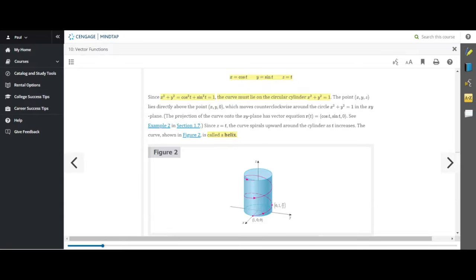So the space curve is going up. What controls the going up part of the space curve? The x component, the y component, or the z component? Good, the z component. So z equals t. That's right, z equals t. And so as t increases, this helix, the space curve, has to go up.